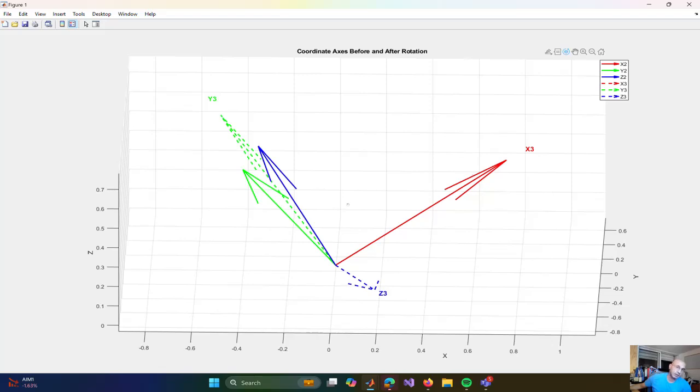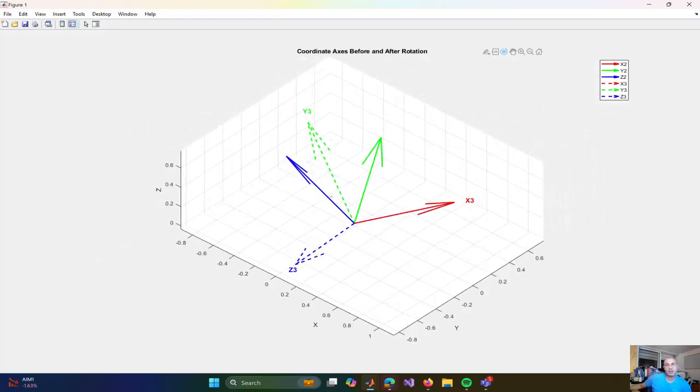And this will produce the x3, z3, and y3. The ones that are not dashed are x2, y2, z2. So what we did here is we rotated 60 degrees around the x2 axis.